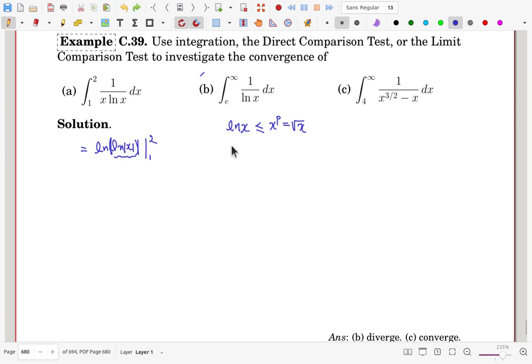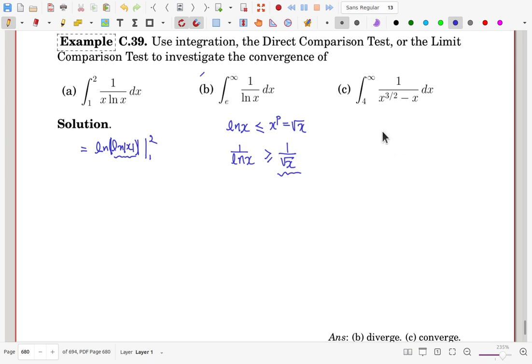So here, if you take the reciprocal, then 1 over logarithm x is larger than or equal to 1 over square root of x. Now, the integral from e to infinity will diverge, so that one should diverge, right?